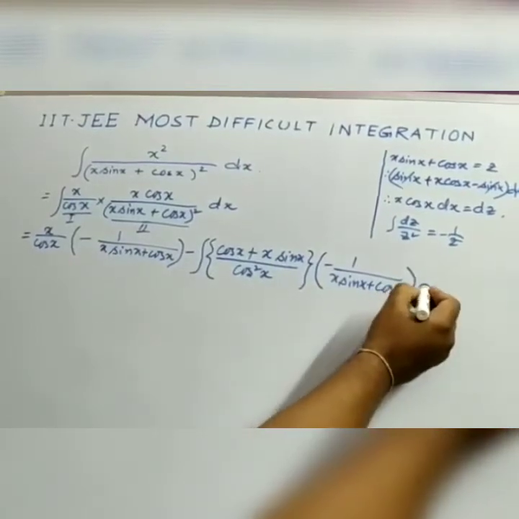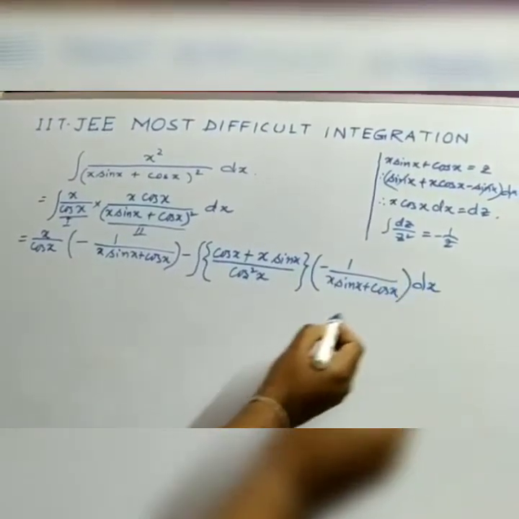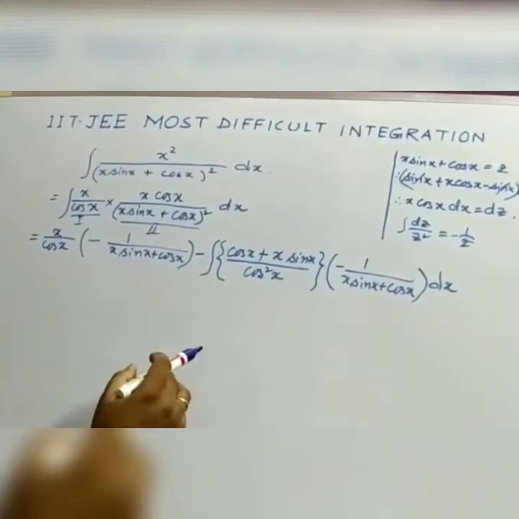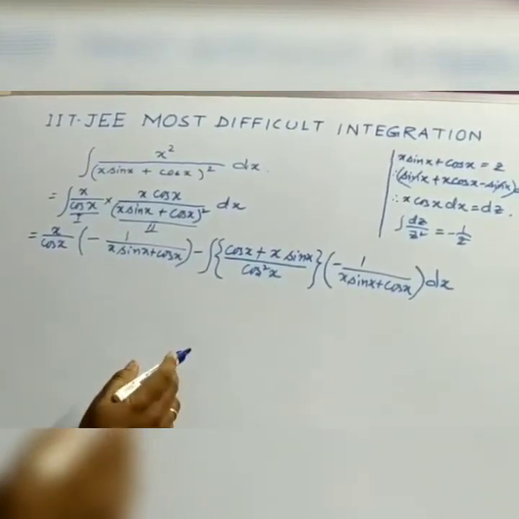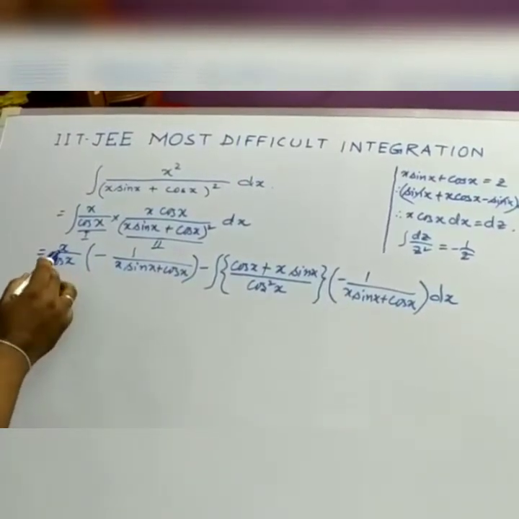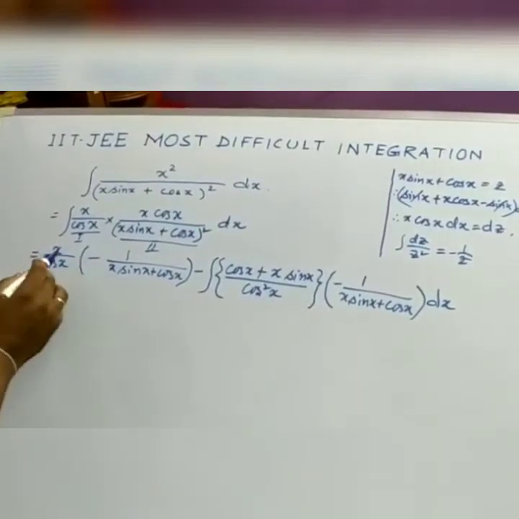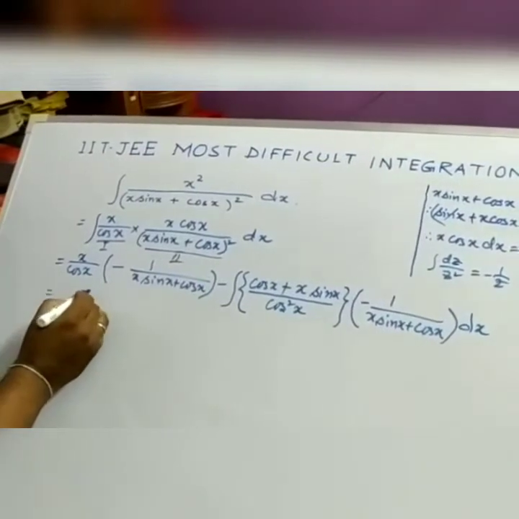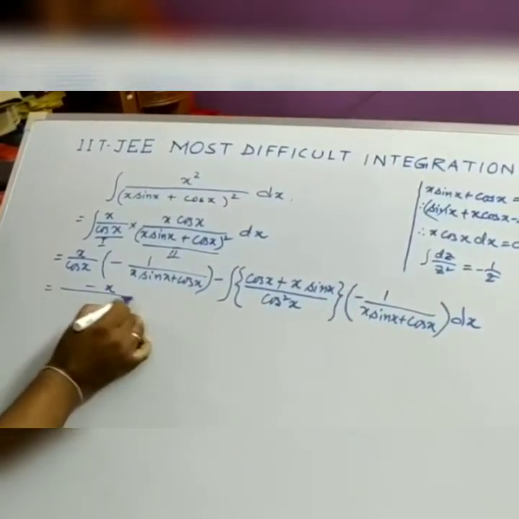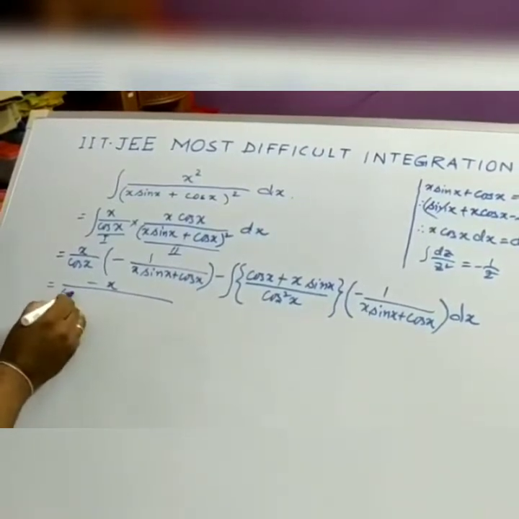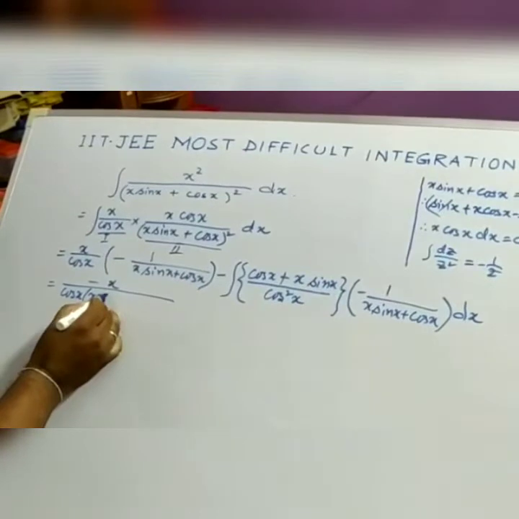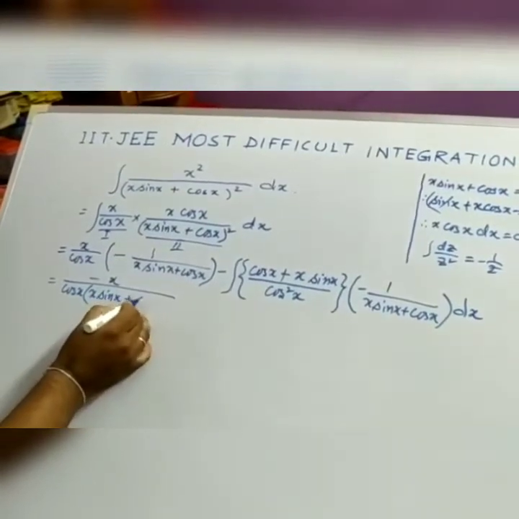Okay, after that dx. So that's the total part of the integration by parts. Now whatever is the first part that we are taking, this minus 1 into x gives minus x, so that will become minus x by cos x into x sin x plus cos x.